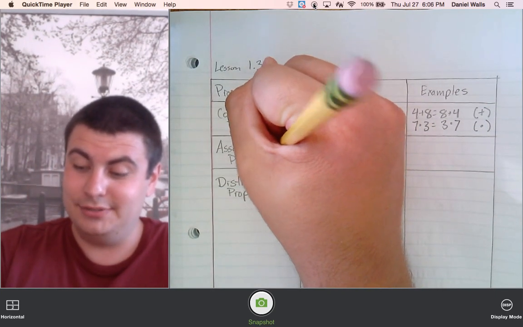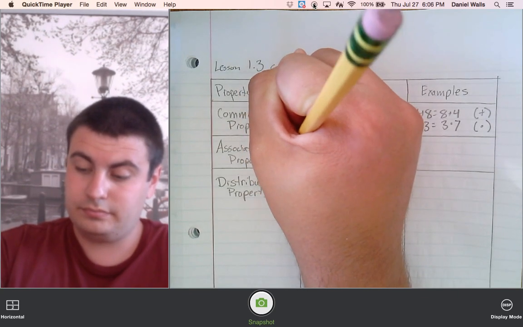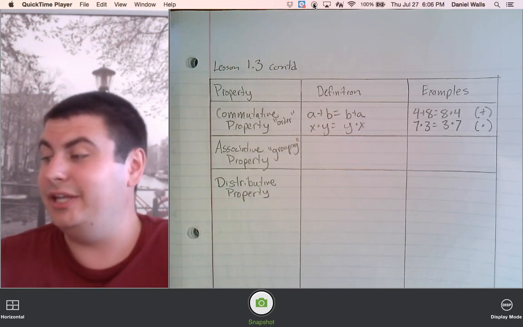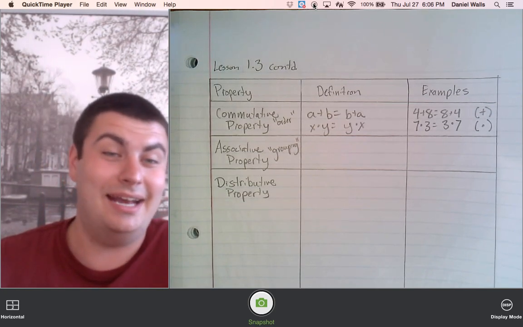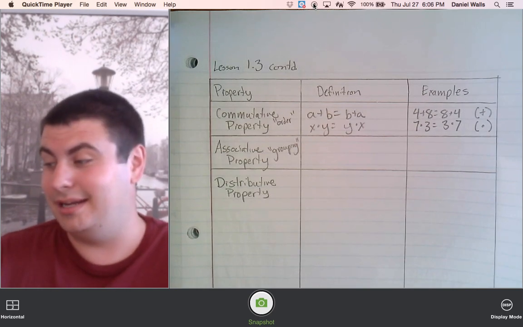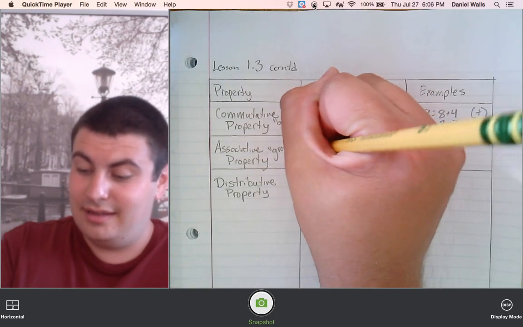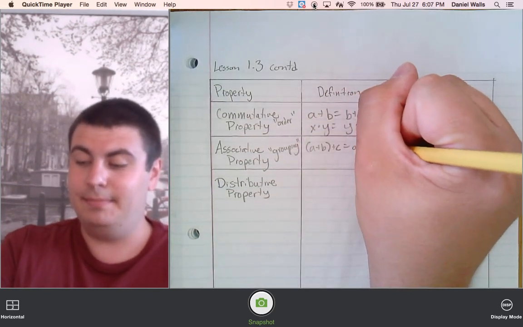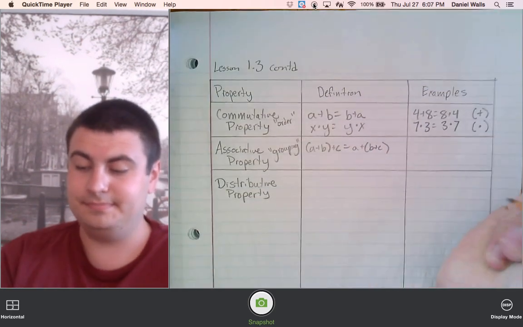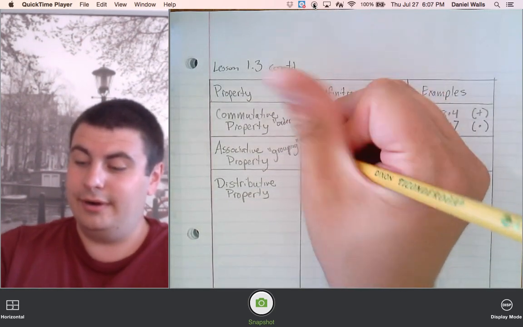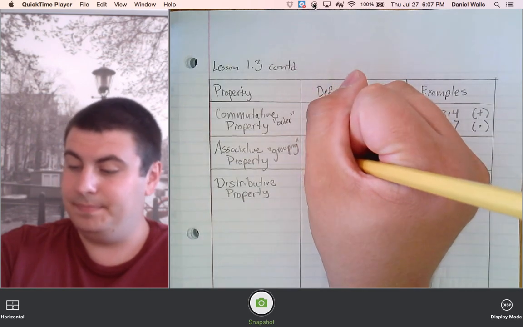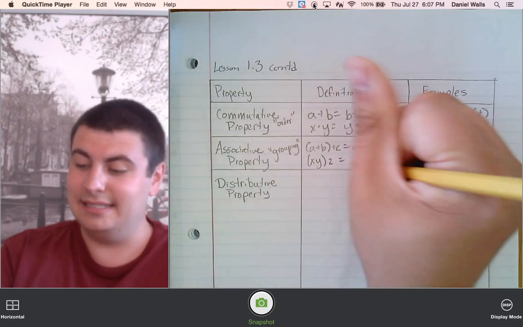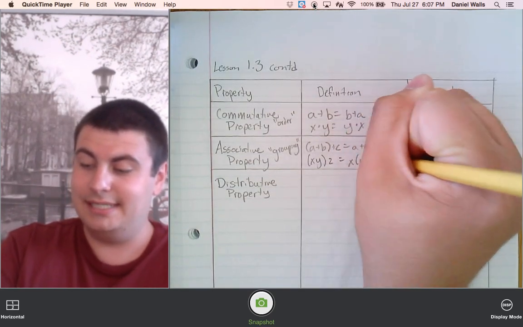The associative property deals with grouping. This says that the way that you group three or more numbers when adding or multiplying doesn't change the sum or the product. So we could have (a plus b) plus c, and that is equal to a plus (b plus c). Or we could take (x times y) times z, and that is equal to x times (y times z).